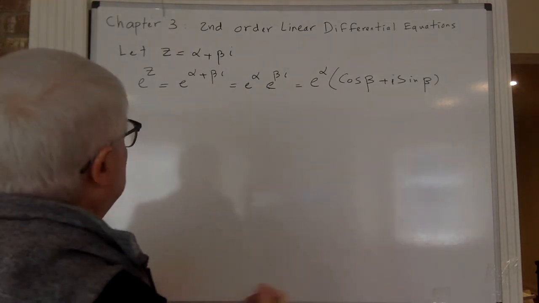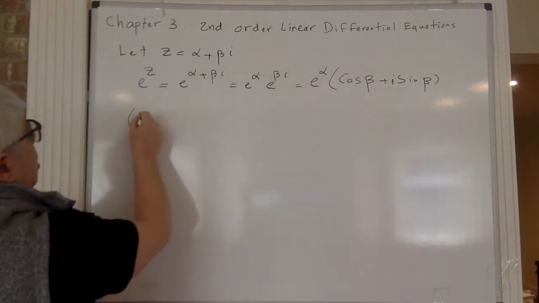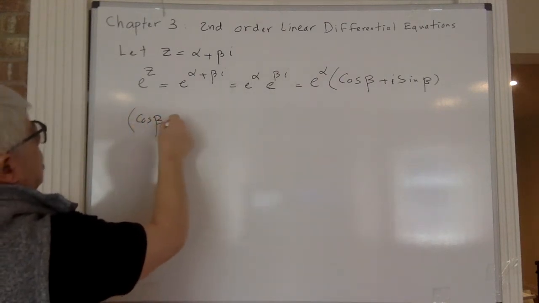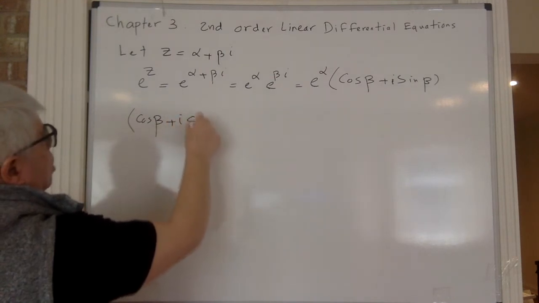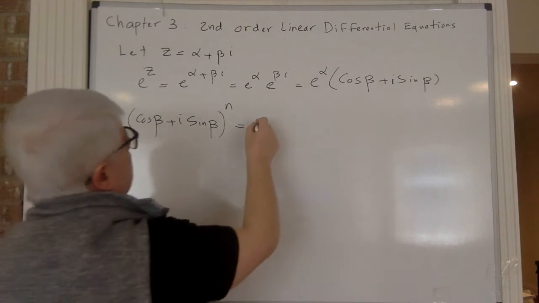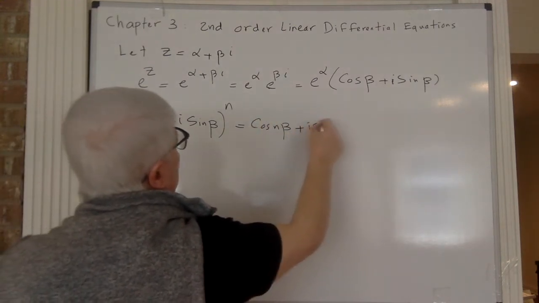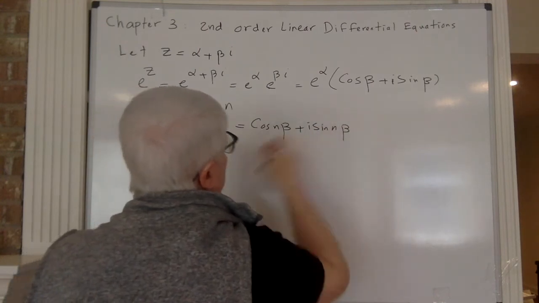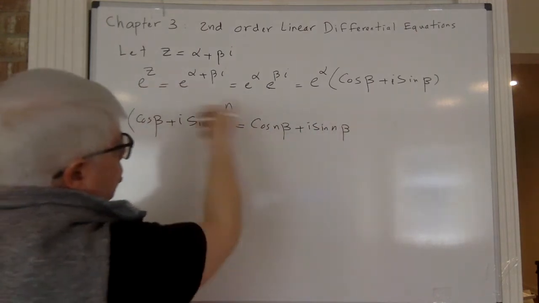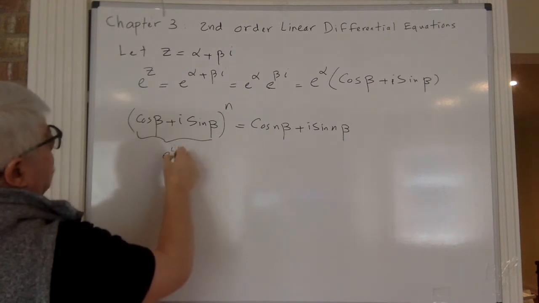Now, this is just a side. Maybe you remember this formula from pre-calc or college algebra, I don't know when. Remember this formula that when it's raised to power n, that's cosine n beta plus i sine n beta. There are different ways to prove this, but one of them is this. We know that this is e to the power i beta.